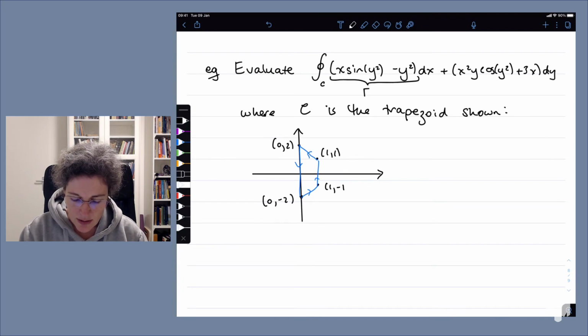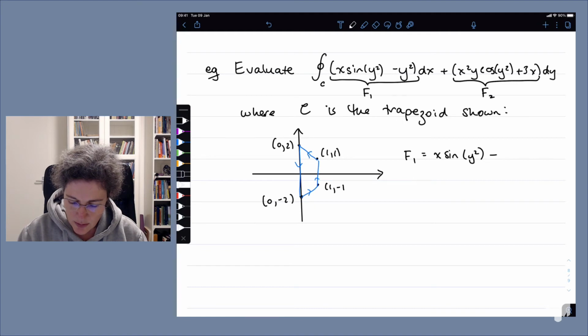So we treat this as the x component of our vector field, and this is our y component. So f1 is equal to x sine y squared minus y squared. We're going to need the derivative of f1 with respect to y.